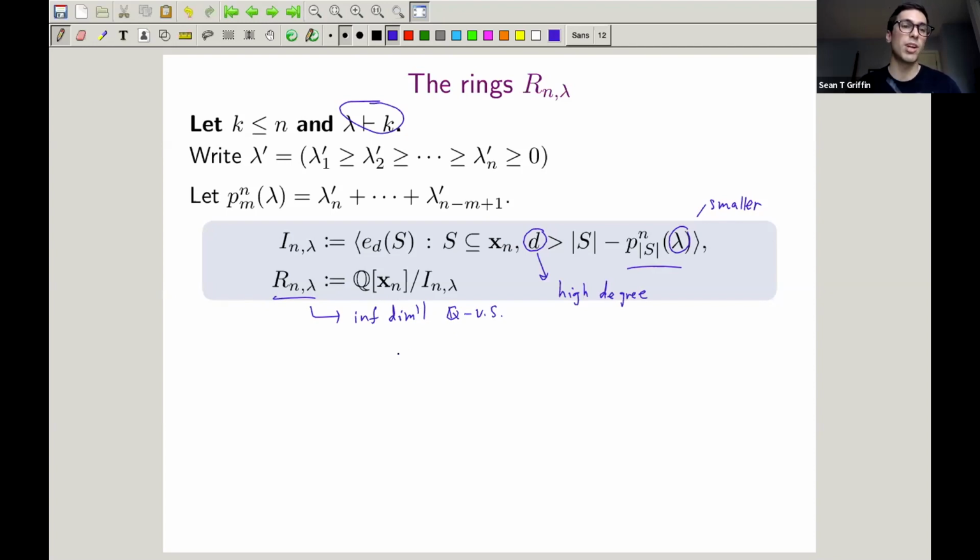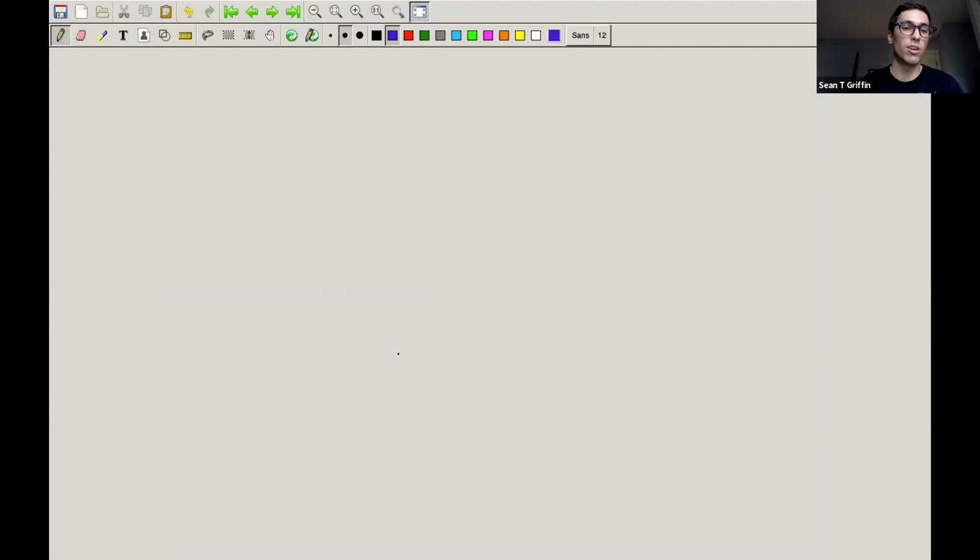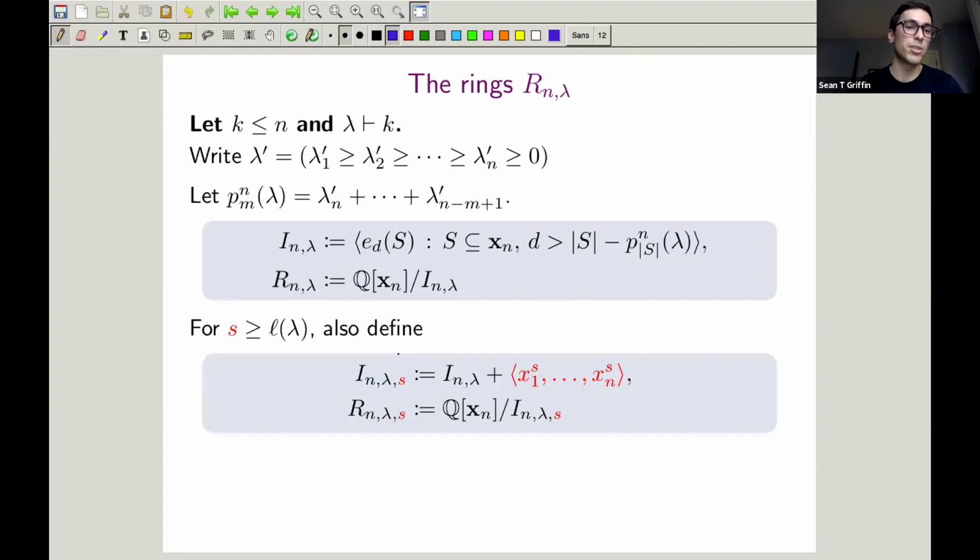So in order to correct for that and to be able to apply techniques for finite dimensional rings, let's also introduce another parameter, s, which is greater than or equal to the length of the partition. And R_{n,lambda,s} will be the corresponding quotient ring where we mod out by all of the s-th variable powers as well.